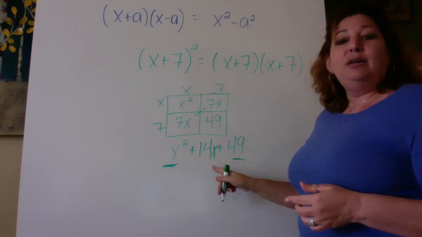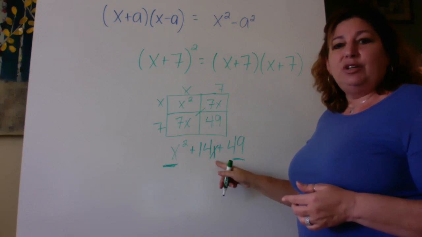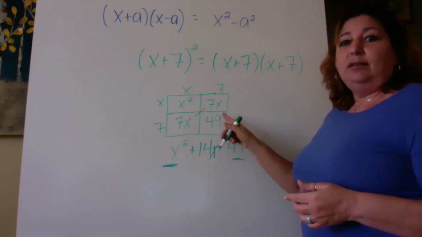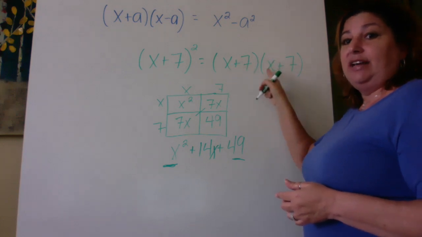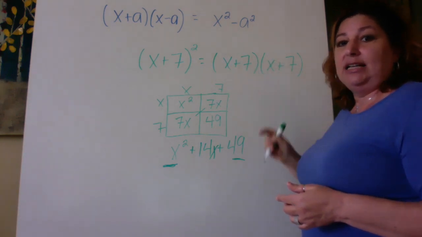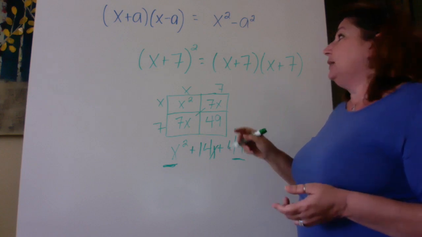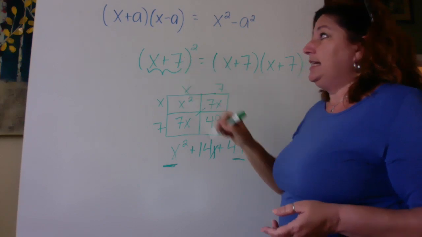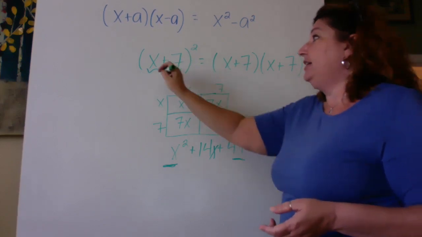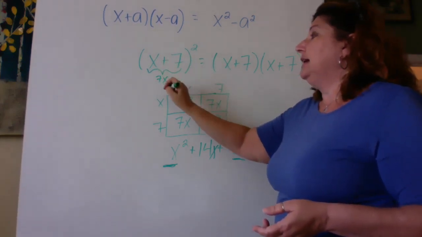How did we wind up with 14x? Where does that come from? Well, we multiplied x times this 7 and got 7x, x times this 7 and got 7x. So basically we multiplied these two terms together, the x and the 7, and we doubled it.